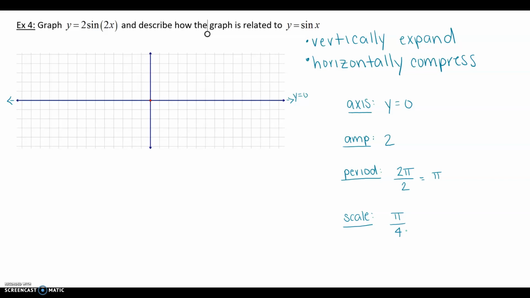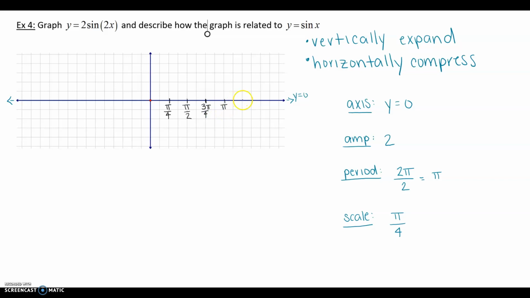So now what I'm going to do is get my coordinate plane set up and actually create that scale. So I'm going to go up by fourths. So we've got pi over 4, pi over 2, 3 pi over 4, and then pi.